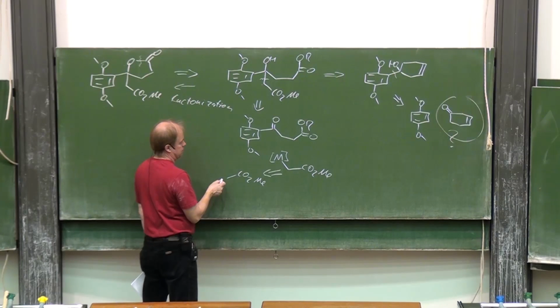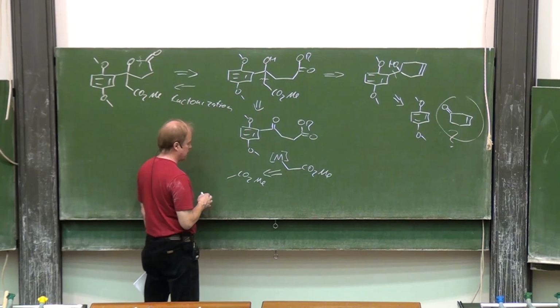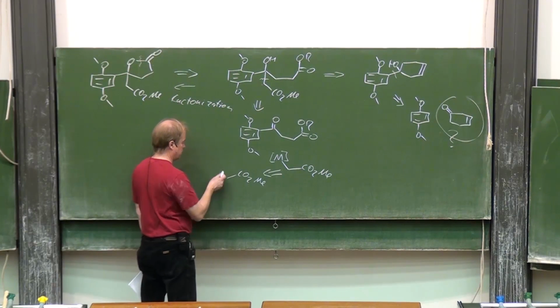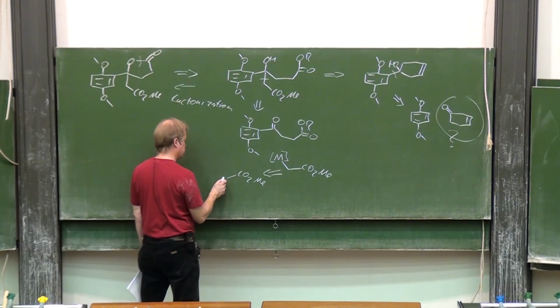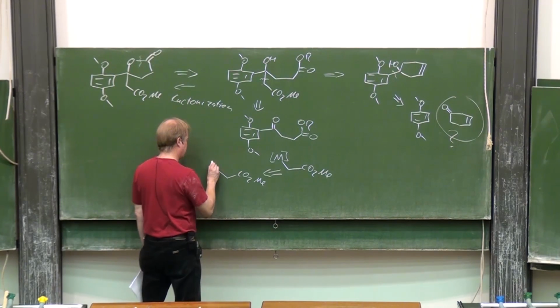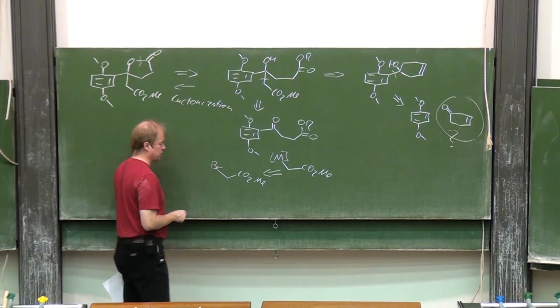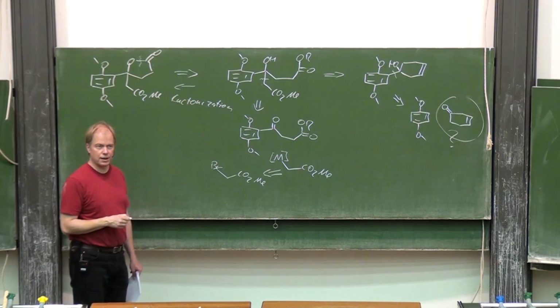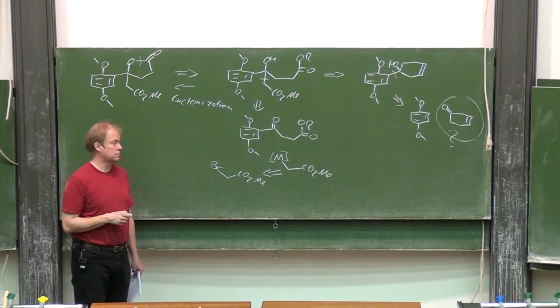Well, there are several possibilities. What we could try is, for instance, to metallate the bromoacetic acid ester.